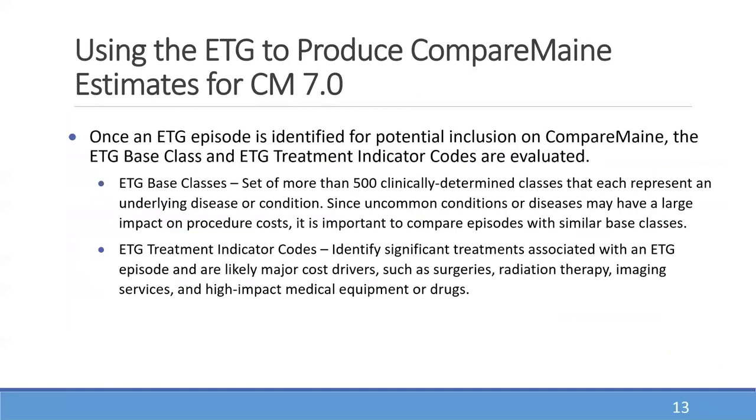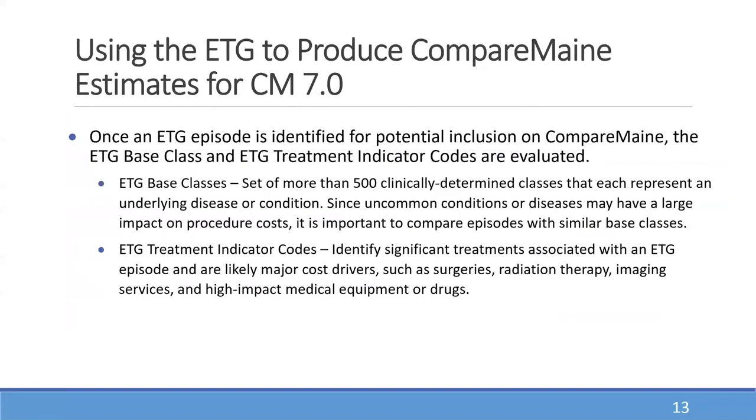And then we also look at the ETG base classes, which is a set of more than 500 clinically determined classes that each represent an underlying disease or condition. And then we use that to identify common diseases and conditions that would allow us to compare similar patients across facilities.